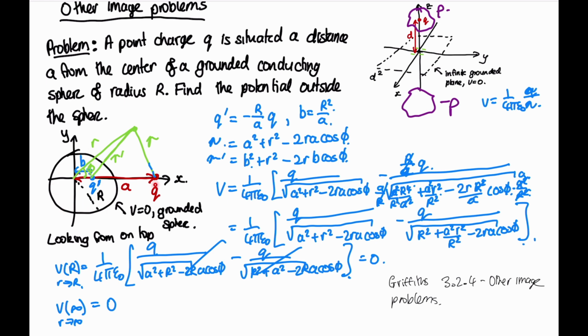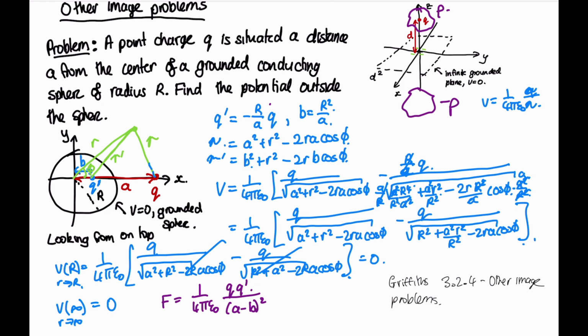But we can easily work out the force with Coulomb's law: the force is equal to 1 over 4 pi epsilon naught q q dash, where q dash is given up here, divided by the distance between them. This distance is a and this distance is b, so the distance between them is a minus b, and this is a minus b squared.